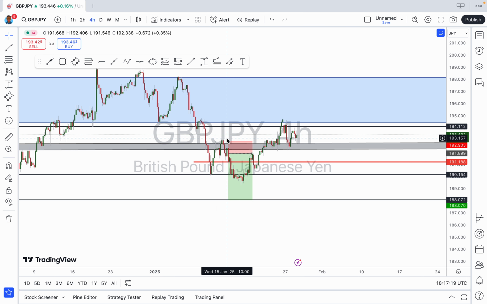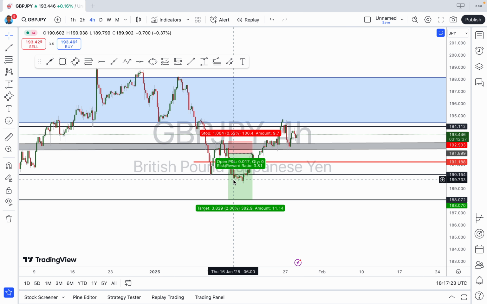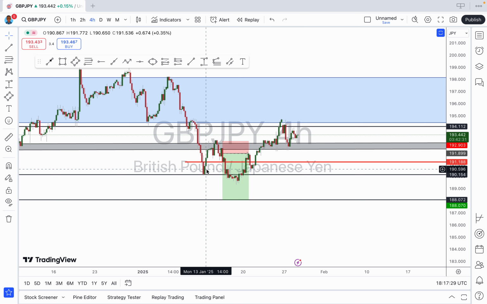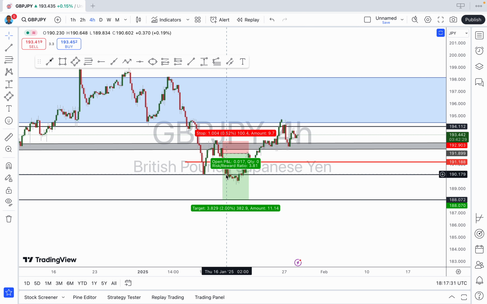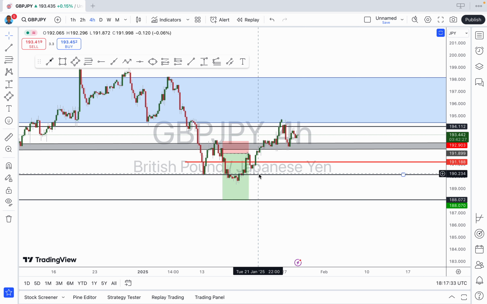My SL came above the bar, and it was a very quick trade. Once we got here, I did the same thing, closed out about 50-60% of my positions, moved SL because this was a very small space.